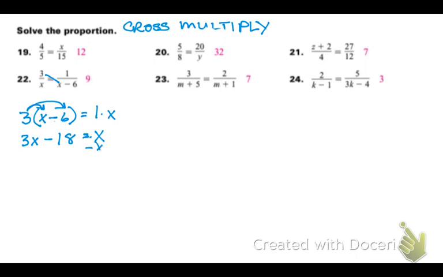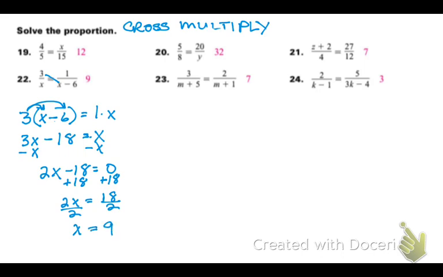We subtract x from both sides. This is going to be 2x minus 18 equals 0, because x minus x is 0. Now we move our 18 over, so we add 18 to both sides. I end up with 2x equals 18. Divide both sides by 2. x is equal to 9. Bingo.